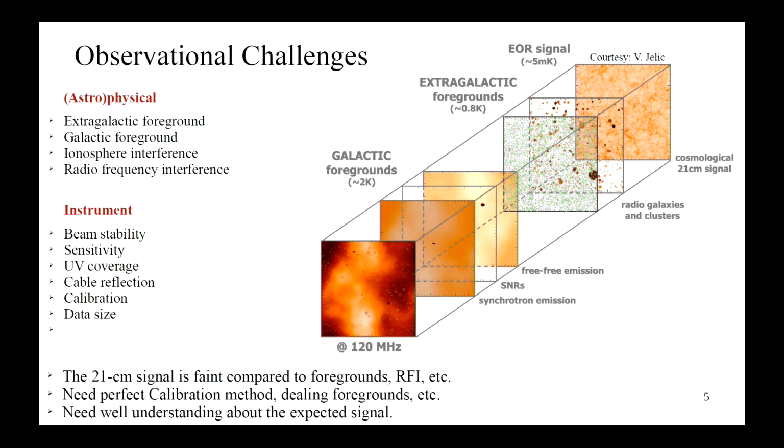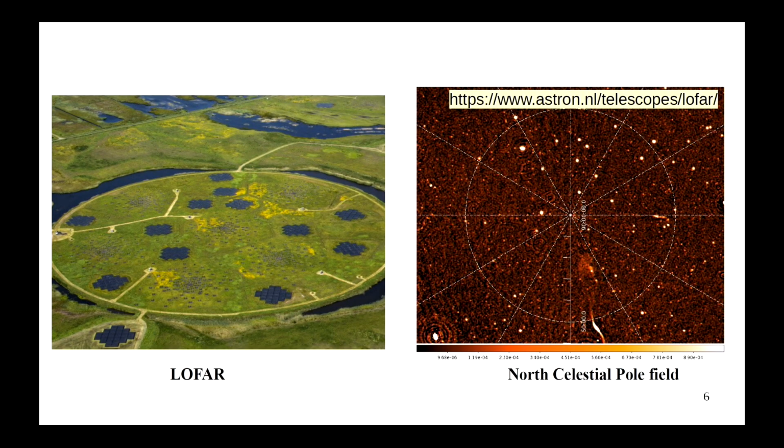There are also complications from the instrument side, but if our calibration methods are very accurate, and if we prepare our foreground mitigation process very perfectly, then with a long integration time it is possible to recover the signal which we are looking for. This is the hope, and this is the point of all the observations that are being done.